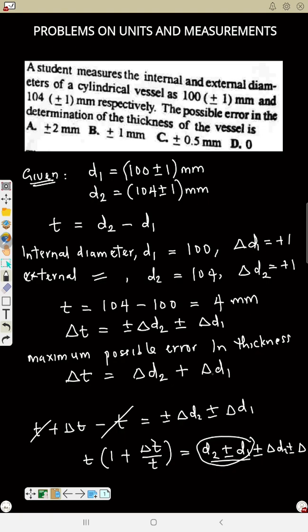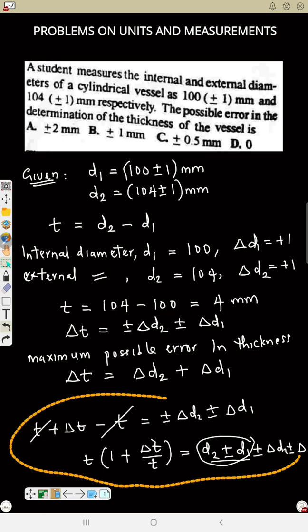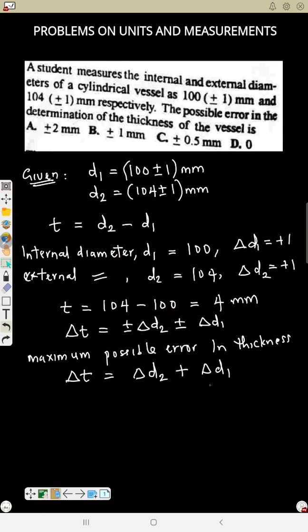So we've done this in previous video, so that is how we can get our maximum error in thickness.